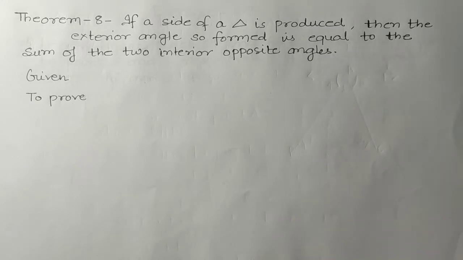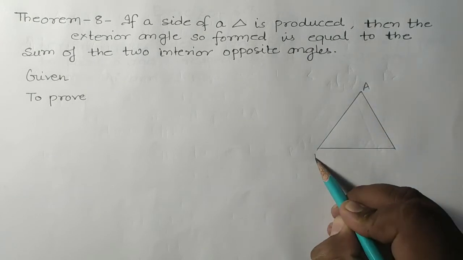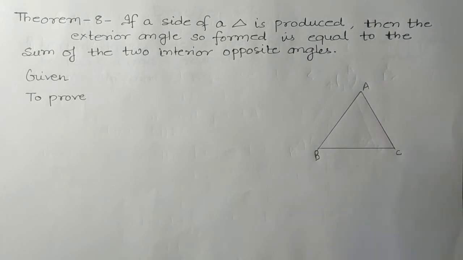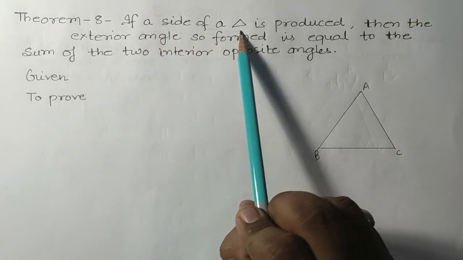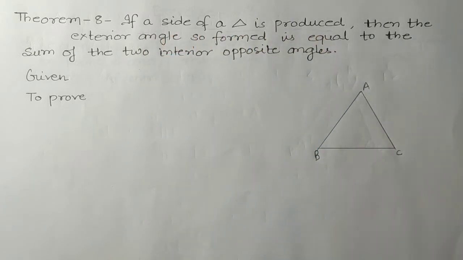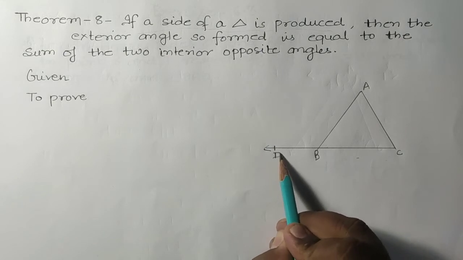So firstly we have to make a triangle like this. Suppose it is triangle ABC. Now in the statement of the theorem, if a side of a triangle is produced, so we have to produce one side of the triangle. Suppose this CB we have produced till D.